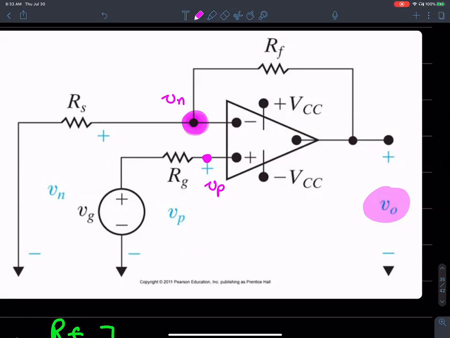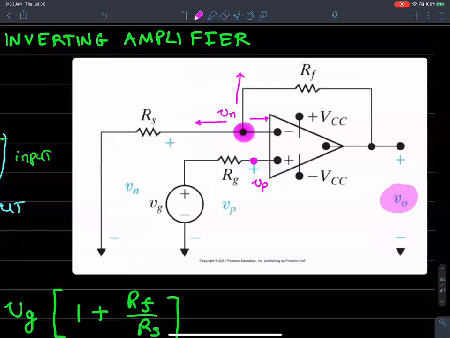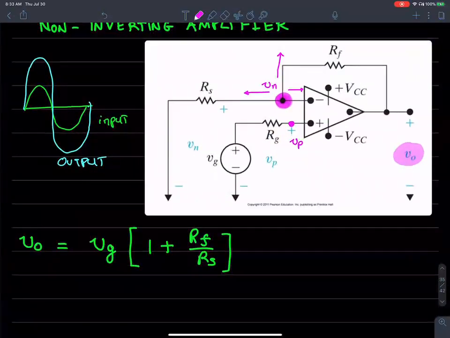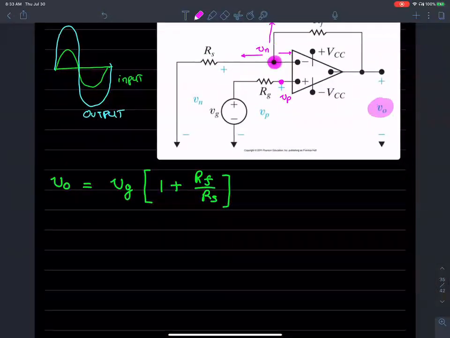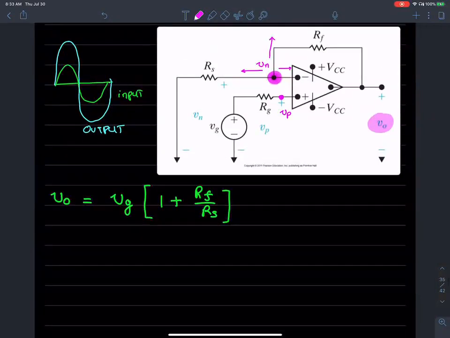I begin by setting up KCL at node Vn. So the current in that direction plus the current in this direction plus the current in that direction should all equal 0. That's exactly what I did in the last example problem. In order to analyze op-amps, this is always the generic procedure that we follow: set up KCL at node Vn.